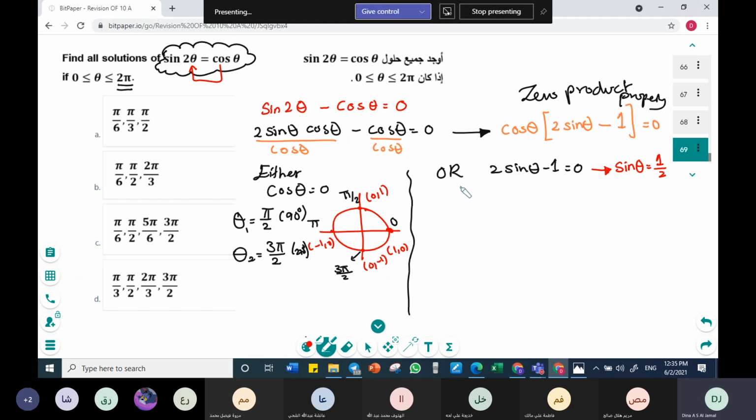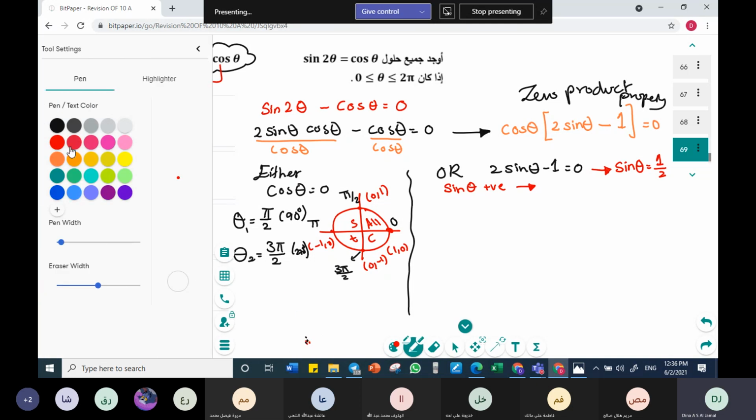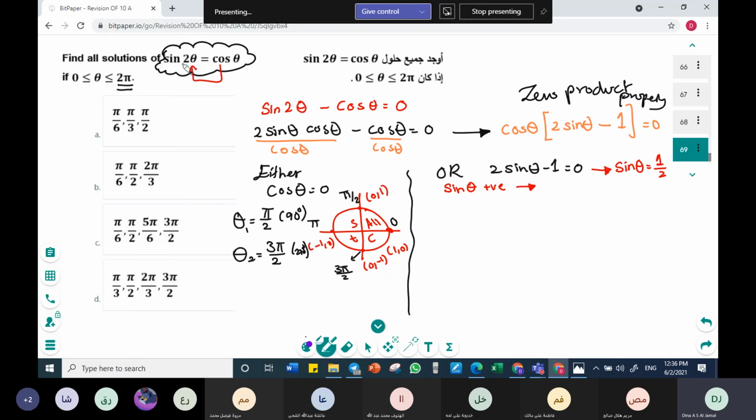In which quadrant is sine positive? Remember, all students take chocolate. Which quadrant is sine positive?